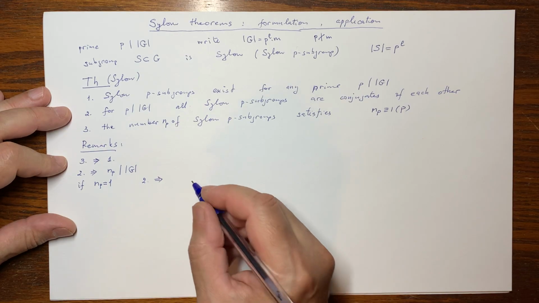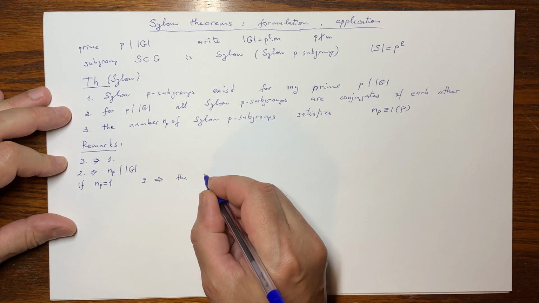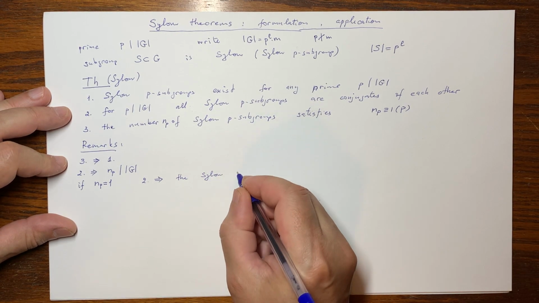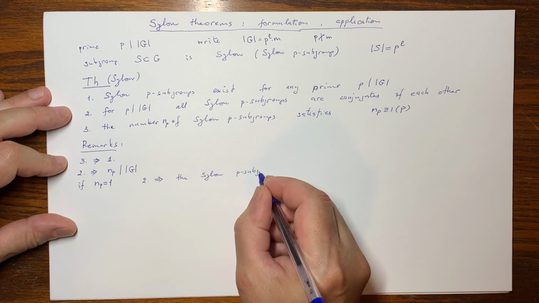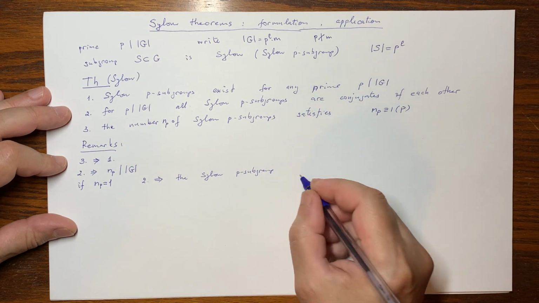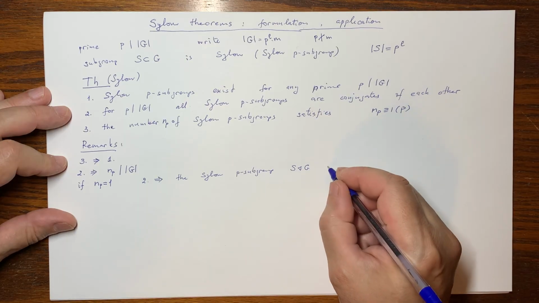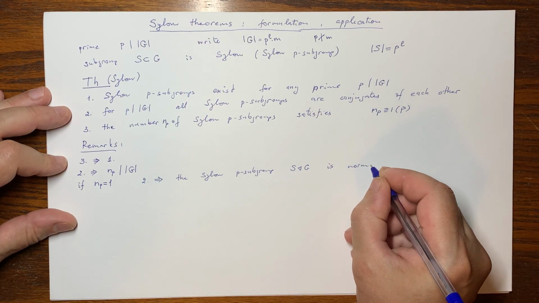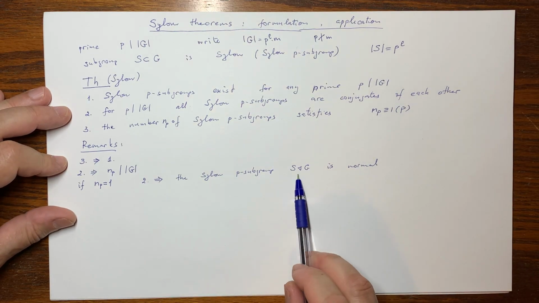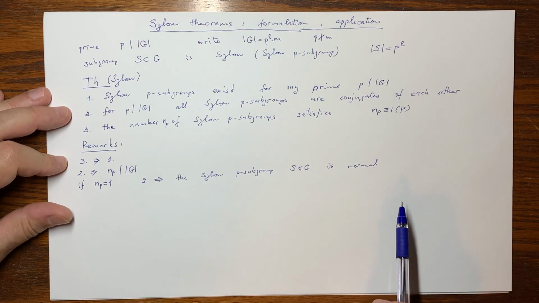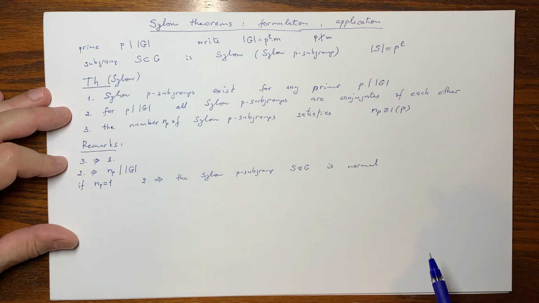So the subgroup is normal. So I have written normality twice, in a symbolic way and in words.